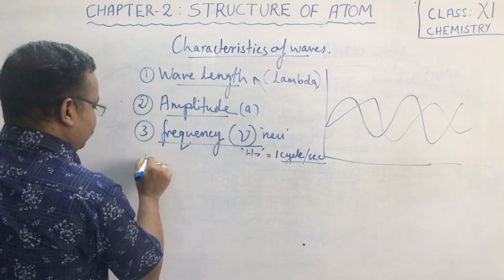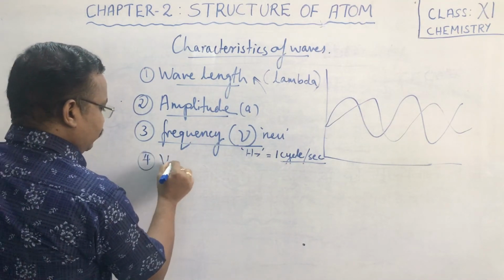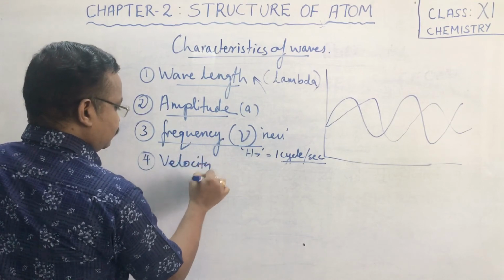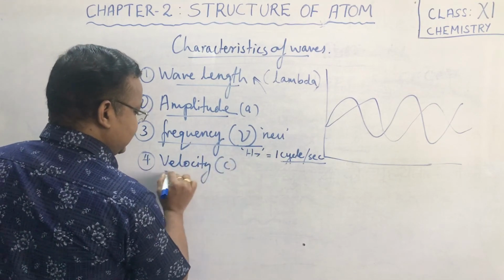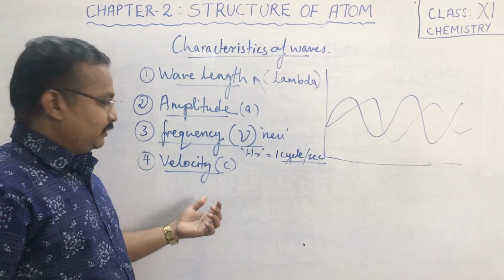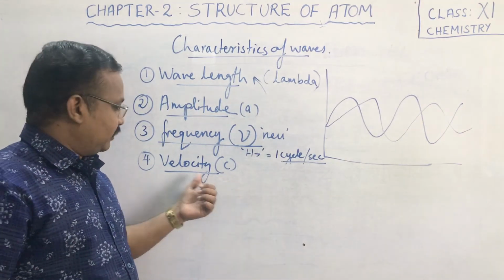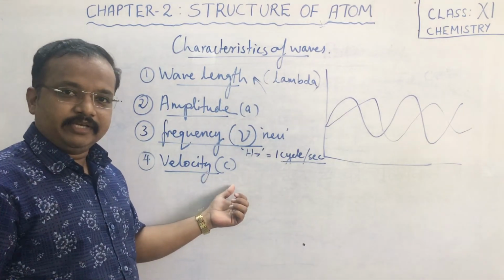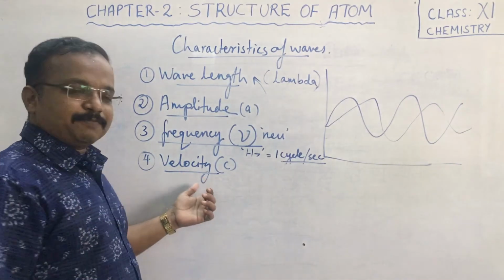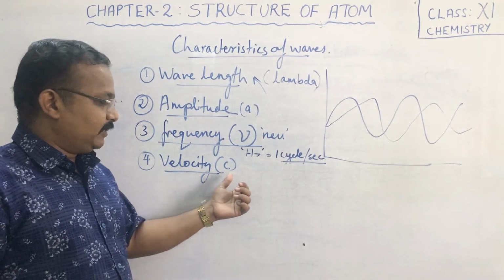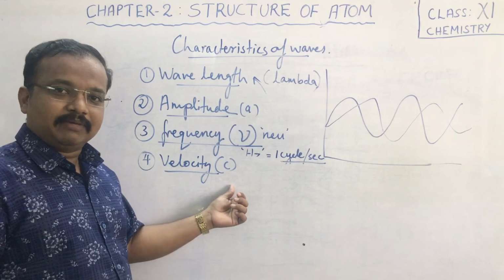So next we have the fourth one, velocity. Velocity is expressed in c. Remember children, in smaller classes you might have written velocity in terms of v. In chemistry we express velocity by using the symbol c.